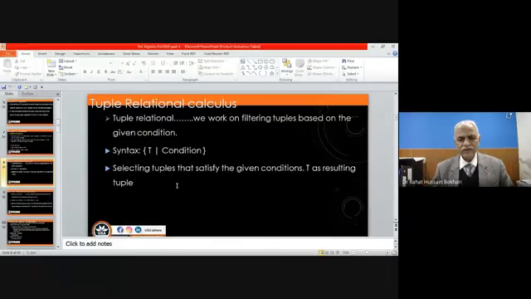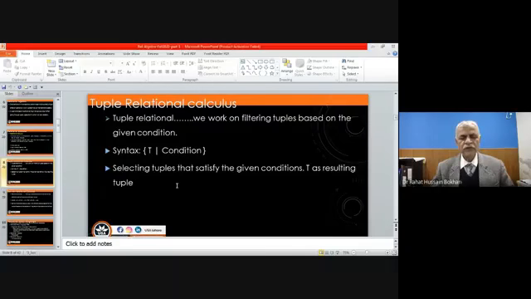So for tuple calculus, we work on filtering tuples based on a given condition. For example, you have a relation or a table, and surely you have a structure for that, the schema. It might have 2, 3, 4 attributes. Let a relation be student, with a schema of student ID, student name, date of birth, and course registered.